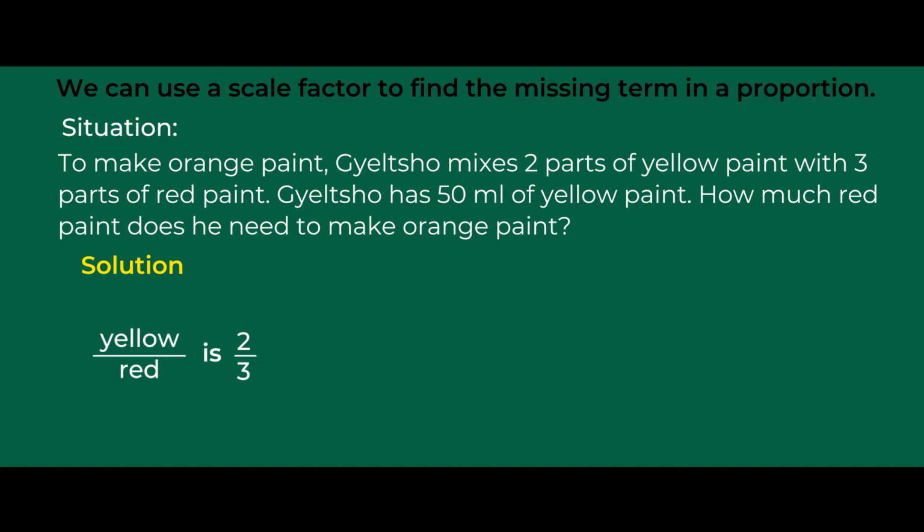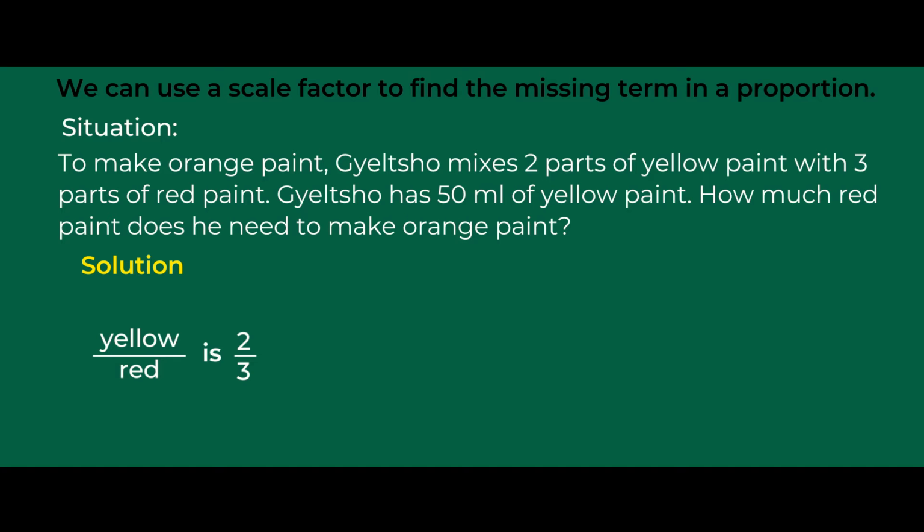As Gelso already had 50 ml of yellow paint, so we are going to find out how much red paint does he need. So to find out that, we are using the scale factor. So I'll let you know what scale factor is after we finish solving it.